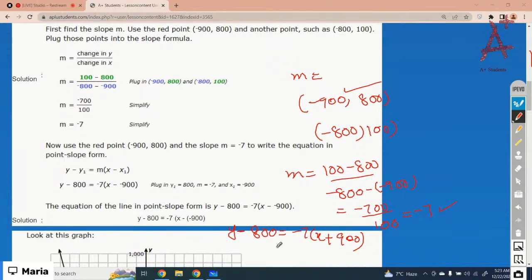So y minus 800 equals negative 7 times x plus 900. You're going with one of the points, the highlighted one, the one with the red color. Got it? You can use the other point to find the slope using the formula m equals change in y divided by change in x, and then put the given point and the slope in the equation, and you'll get the equation. Got it?